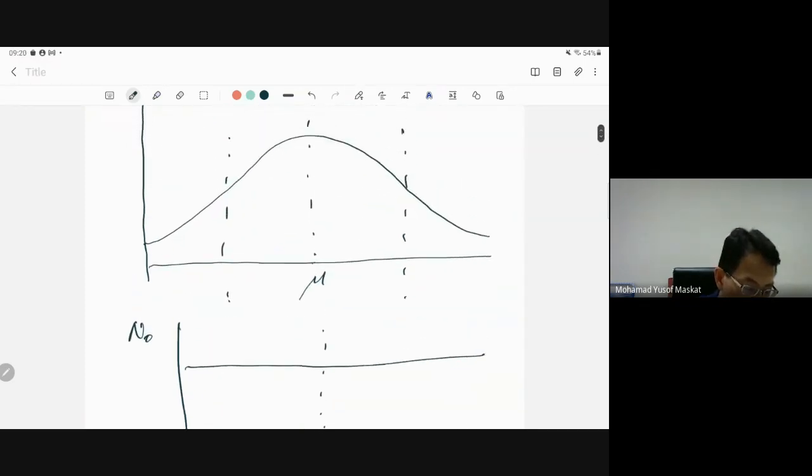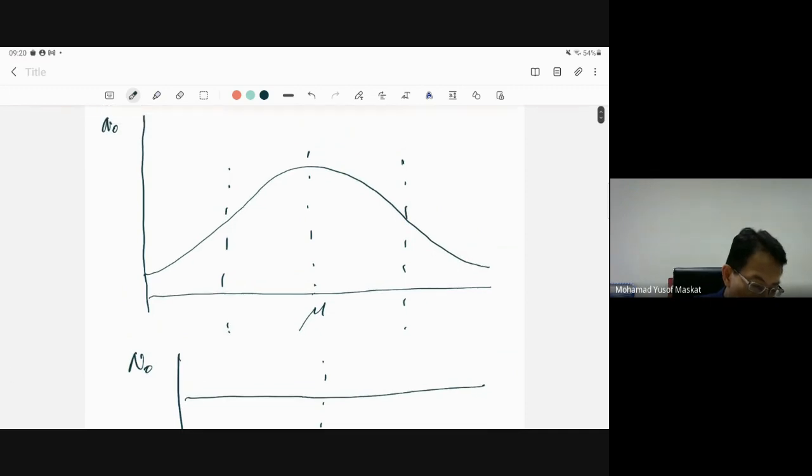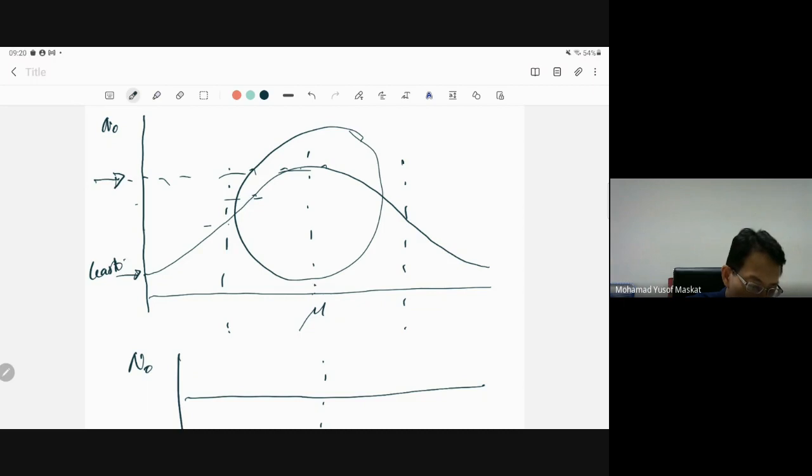With this one, the nature of this population is that the majority resides around here. That's why it is bell-shaped, because here the number of individuals is more. This is lesser, this is lesser, this is the least number of individuals. So the nature of the population is that the majority is around the actual population mean. That's why it comes out bell-shaped.